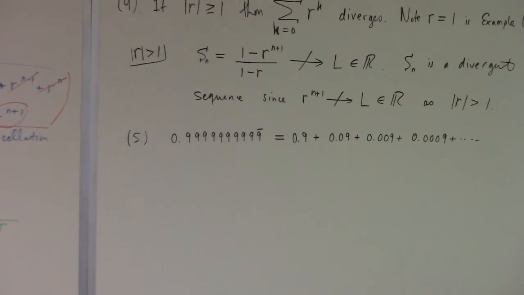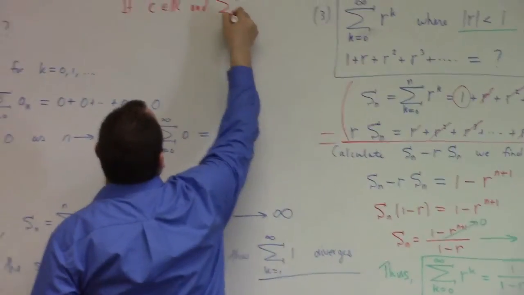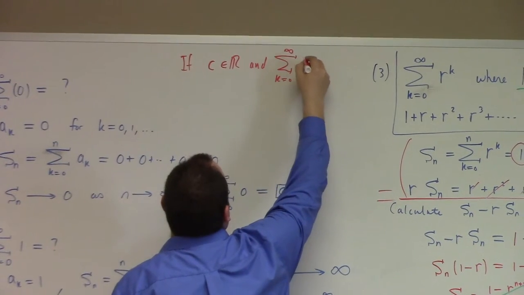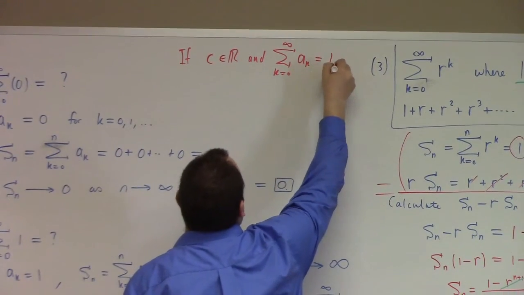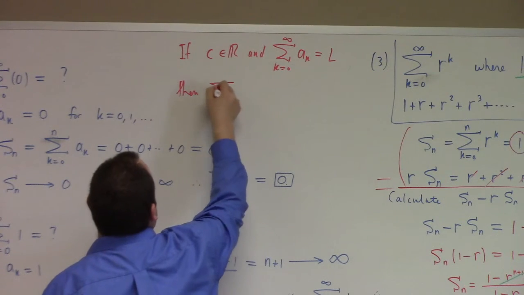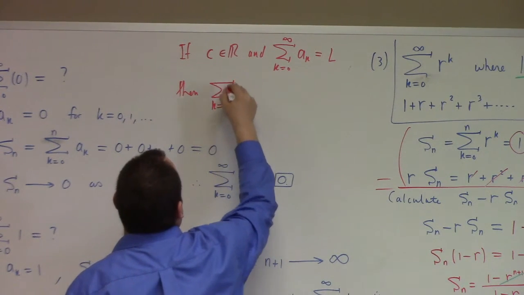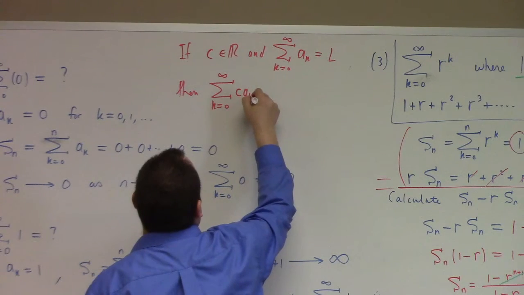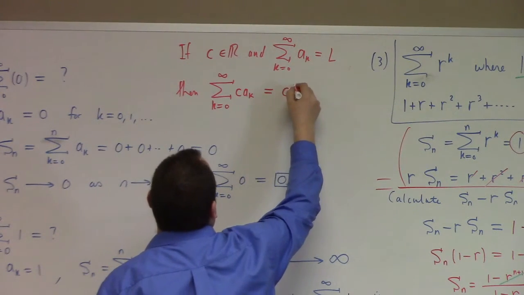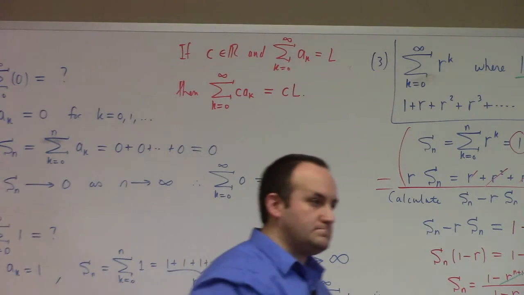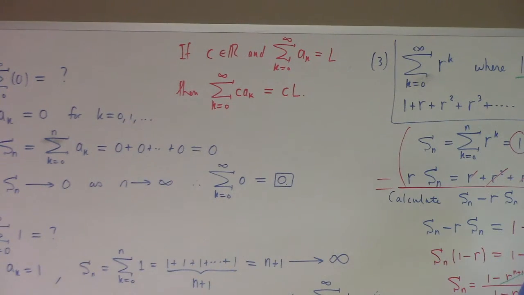If C is a real number and the sum k equals 0 to infinity of a sub k is equal to L, then the sum k equals 0 to infinity of C times a sub k, guess what it's equal to? CL. In other words, for convergent series, for series which have a sum which is in fact a real number, you can pull constants inside or outside.